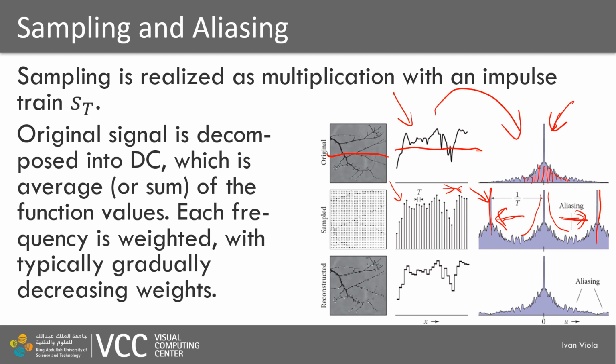The reconstruction, in principle, is just a multiplication with a filter. We can see here some filter, for example, looking like this, which is a frequency representation of our reconstruction filter, multiplied with our frequency representation.